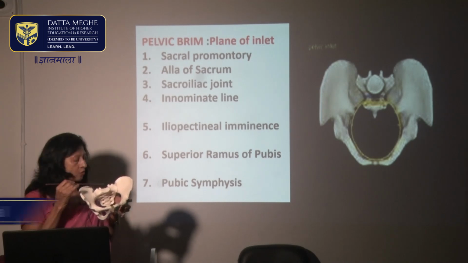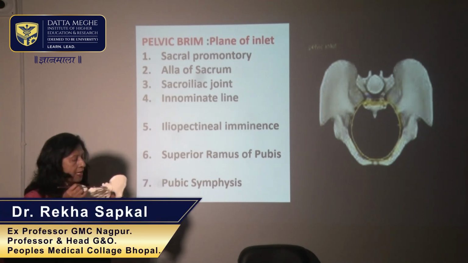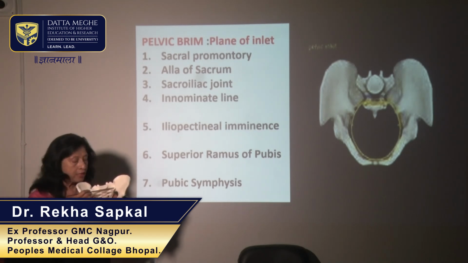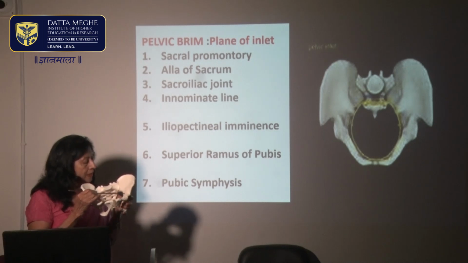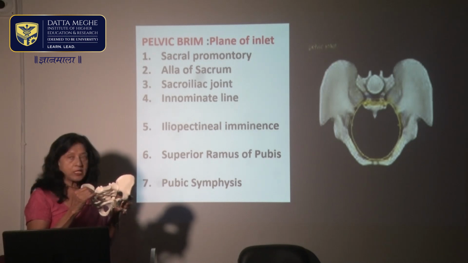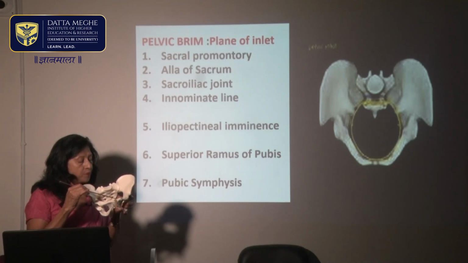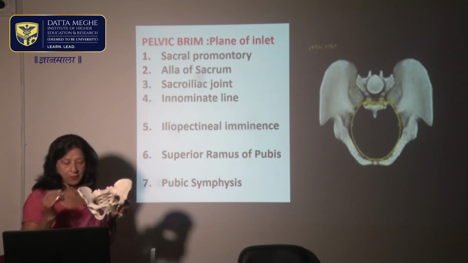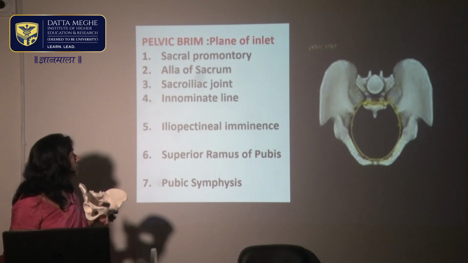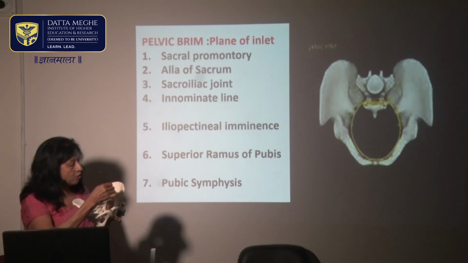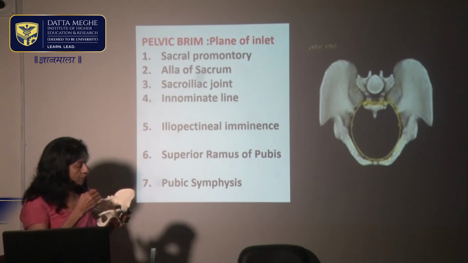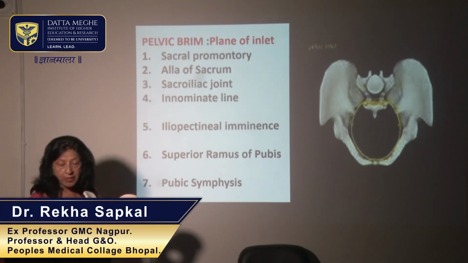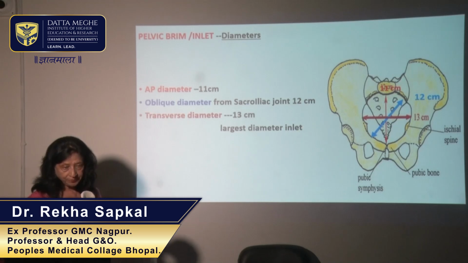This is the sacral promontory, ala of the sacral bone, sacroiliac joint, iliopectineal eminence, superior ramus of the pubic bone and superior surface of the pubic symphysis, along the innominate line. So, that is how we describe the boundaries of the pelvic inlet.